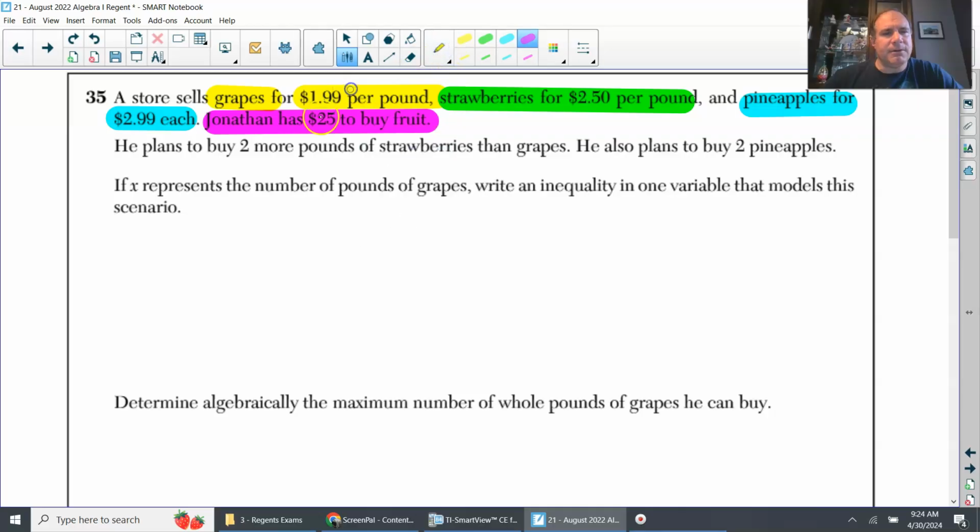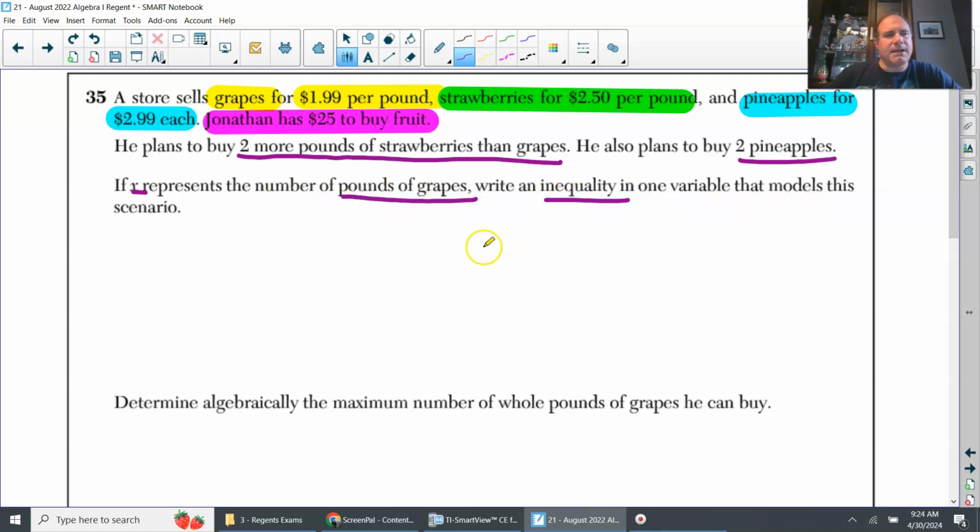He plans to buy 2 more pounds of strawberries than grapes. He also plans to buy 2 pineapples. If X represents the number of pounds of grapes, write an inequality that models this scenario.